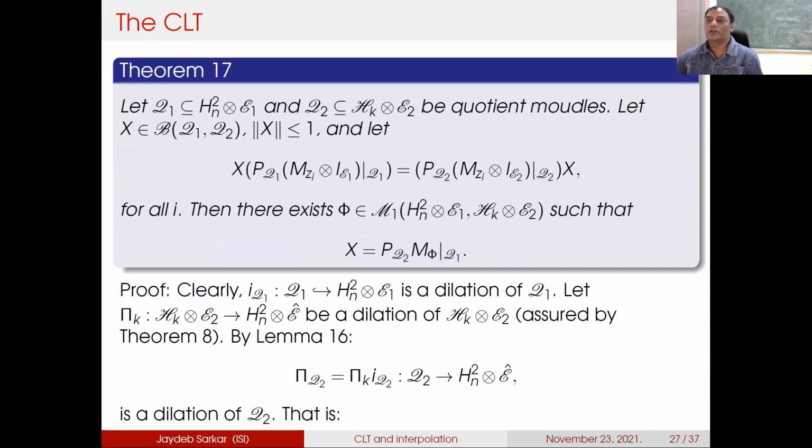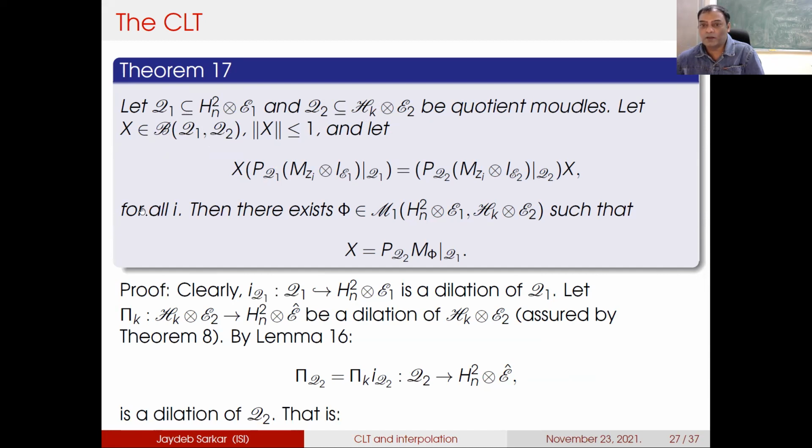So now the CLT in our setting. Okay, so you start with again two Hilbert spaces E1 and E2. Take a quotient module Q1 of the Drury-Arveson space and take a quotient module Q2 of the regular space. And suppose X is a bounded linear map from Q1 to Q2. It's a contraction, and again, like the H2N case or like Sarason, assume your X intertwines the compression of the shift operators.